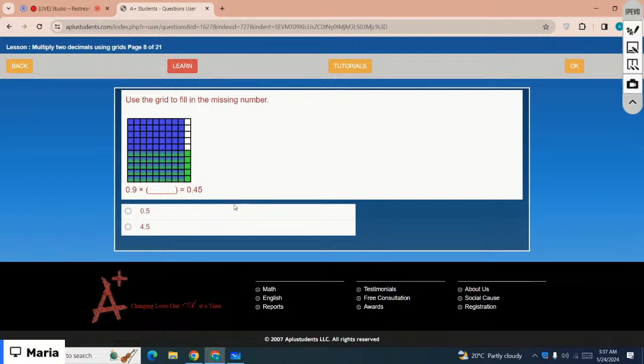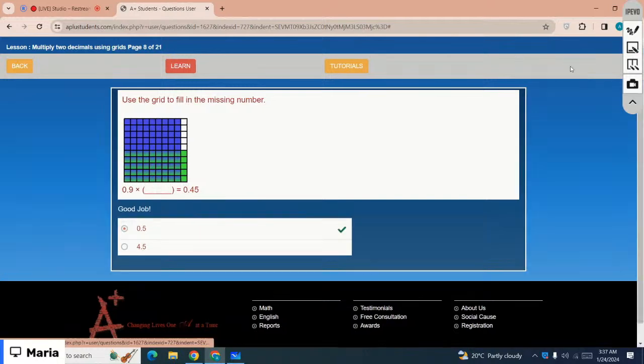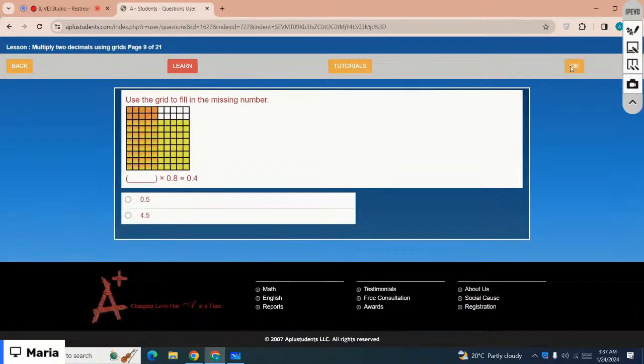The missing number is 0.5. Use the grid to fill in the missing number. So which number is missing? Very good. The missing number is 0.5.